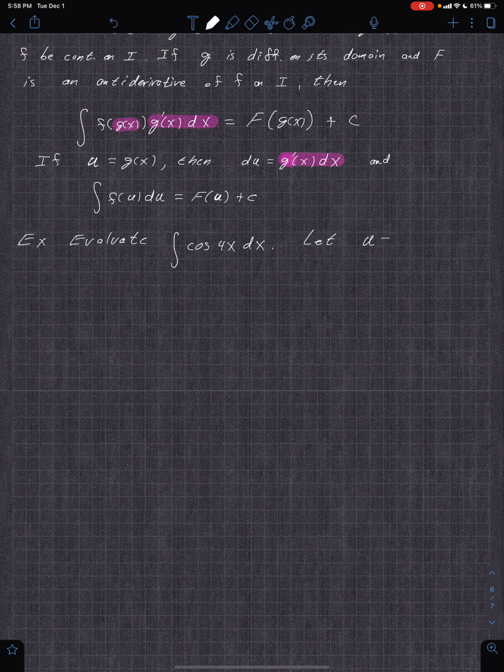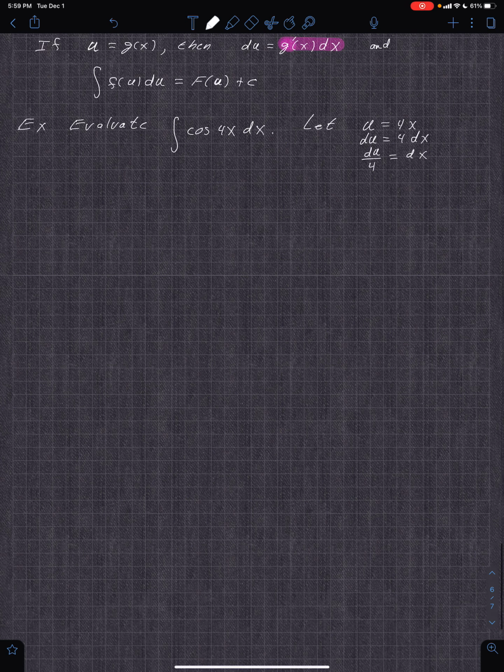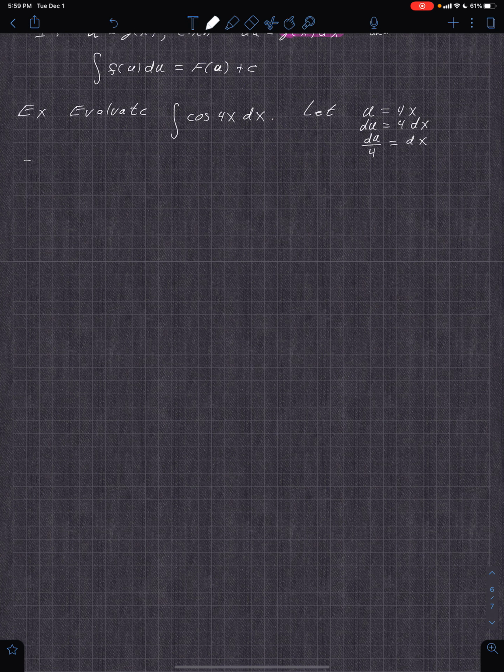If we let u be the 4x, then du is equal to 4 dx. So what I like to do is go ahead and solve for the dx if it's a constant like that. And then you know what to substitute for here. So the dx is the du over 4. All right, so then this is equal to the integral of cosine u, and then what was your dx?